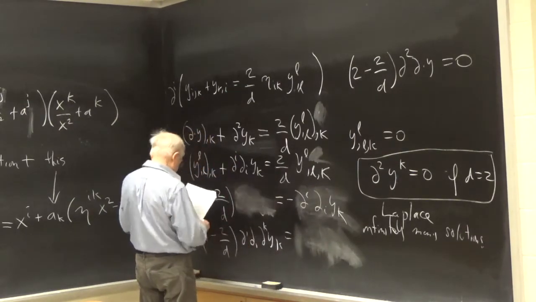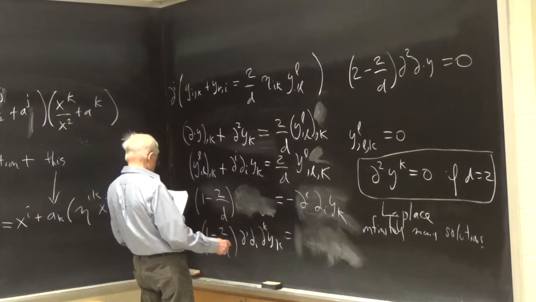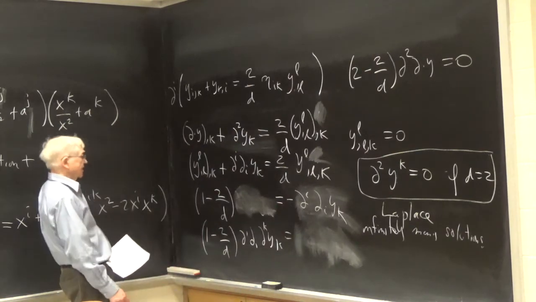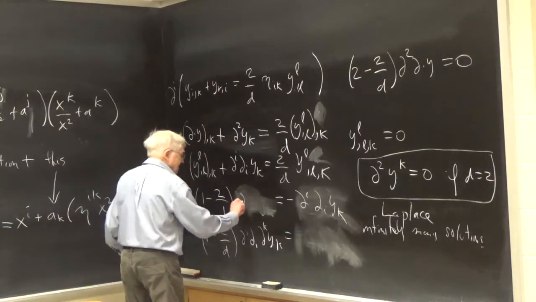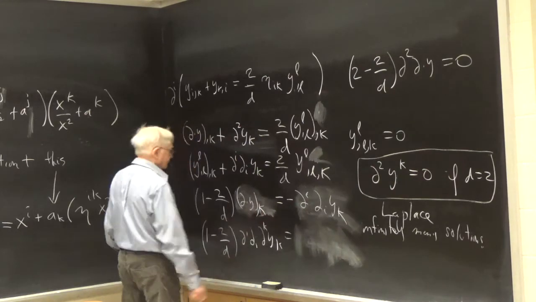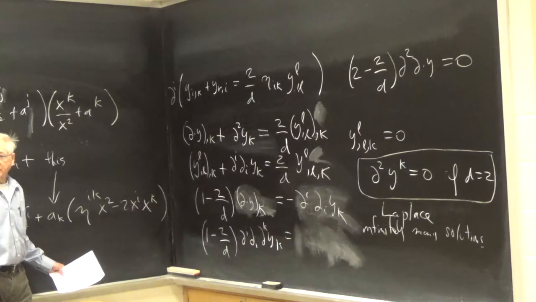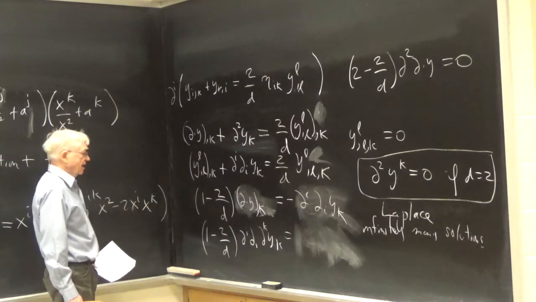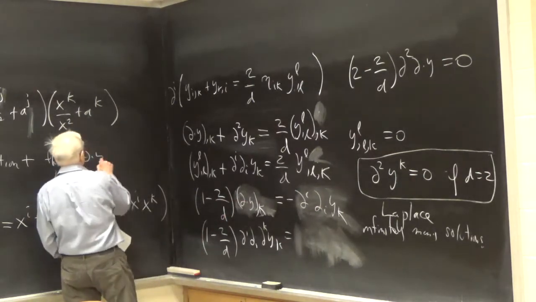Oh, actually, my notes seem to be wrong here. So this is del dot y, comma k. All right. And del dot y is y upper l, comma lower l.